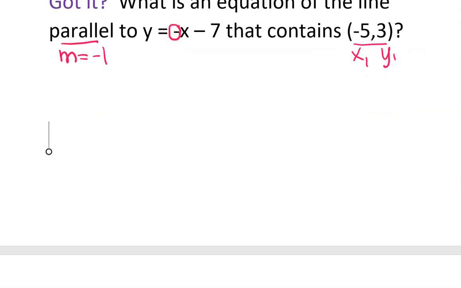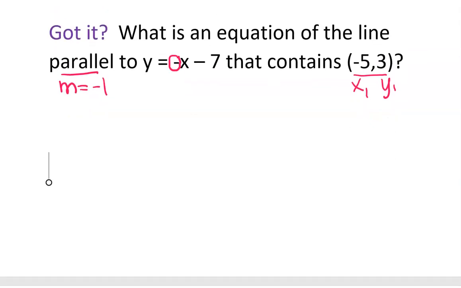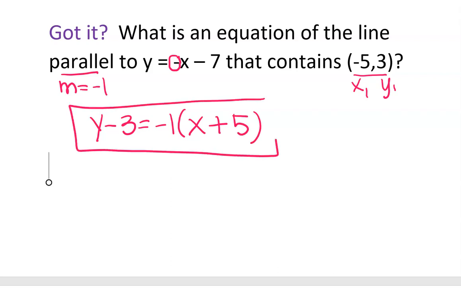Okay, so y minus 3 equals my slope times x minus a negative 5, which changes to a plus 5. And again, when you have that one simplified, you are good.